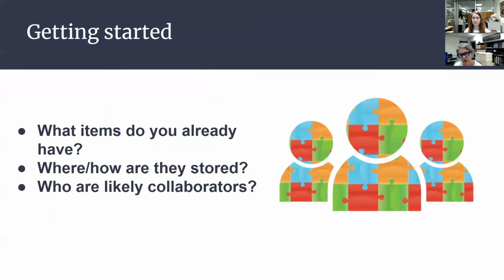So how would you get started if you're interested in developing your own community archive within your own organization? These are some key questions that you would want to think about. What items do you already have? Where and how are they stored? Who are your likely collaborators?